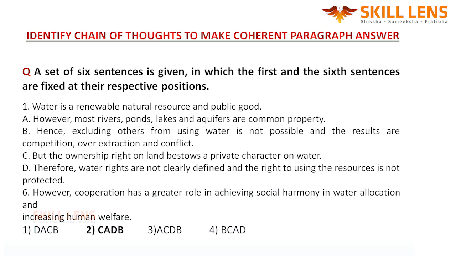However, cooperation has a greater role in achieving social harmony in water allocation and increasing human welfare. When we are answering questions on para-jumbles, there is a quick way of arriving at independent sentences or generally arriving at answers. We will talk about that in our next video.